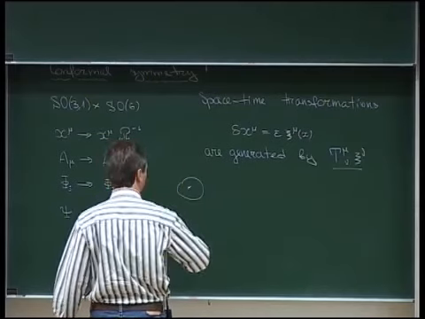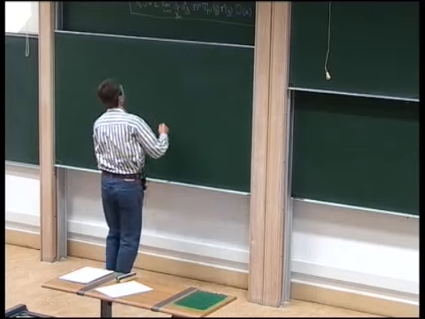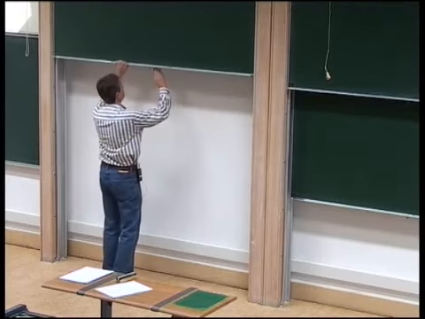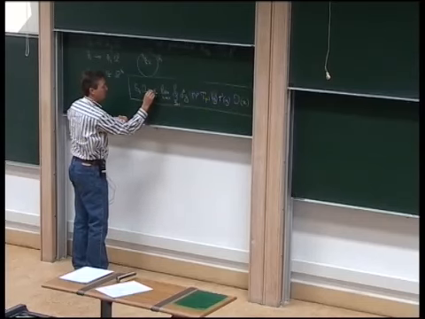And then if you send the radius of the sphere to 0, we get the variation of the operator under this change of space-time coordinates. Actually, the proper definition contains a minus here.